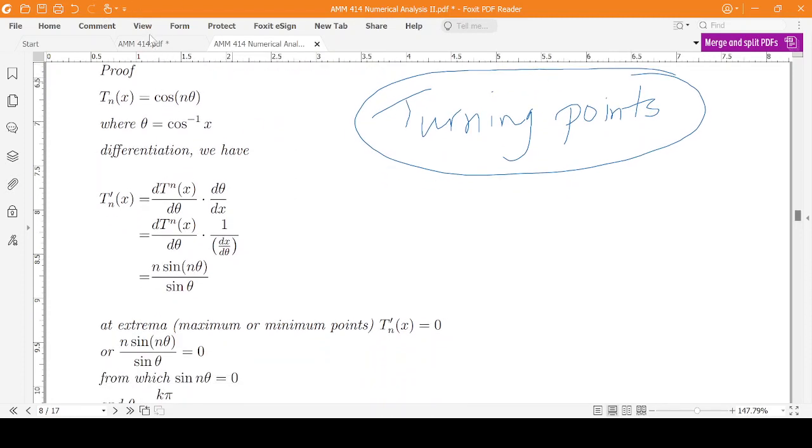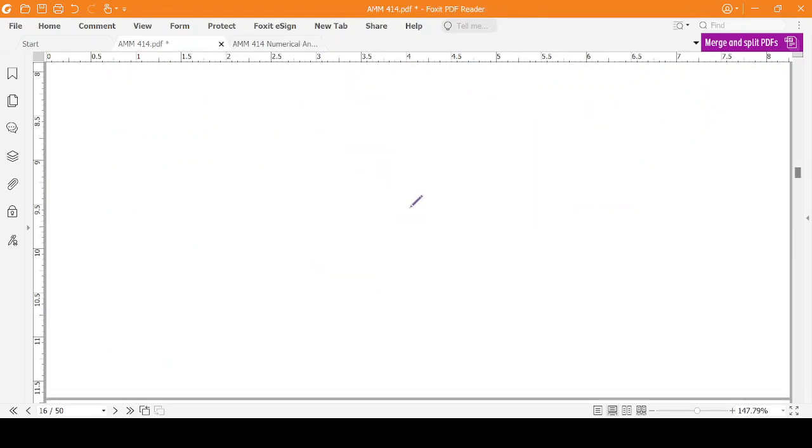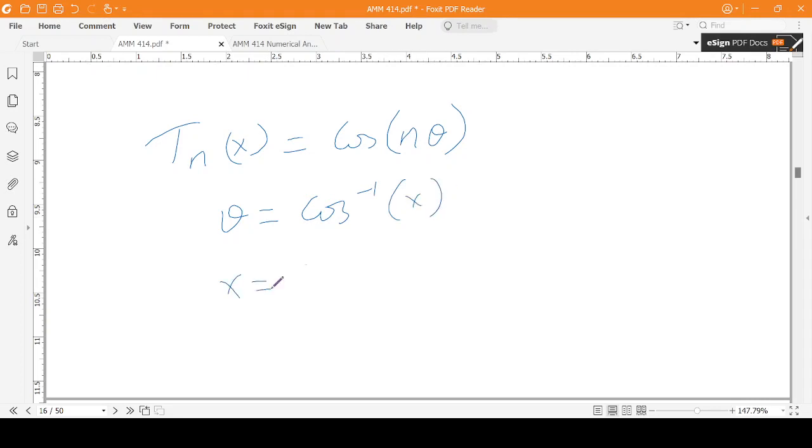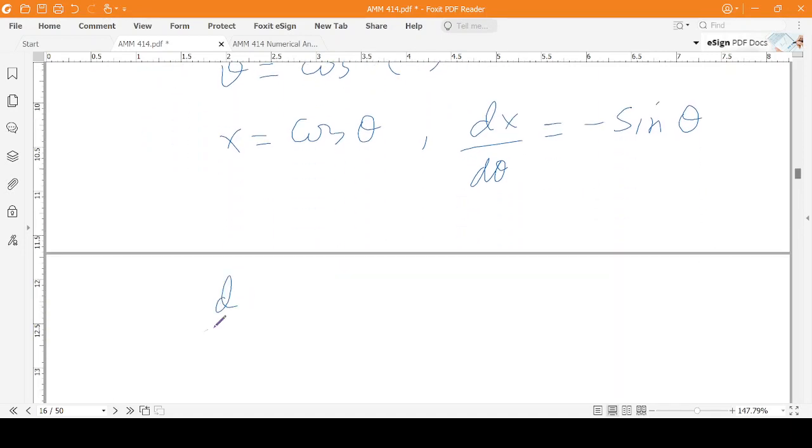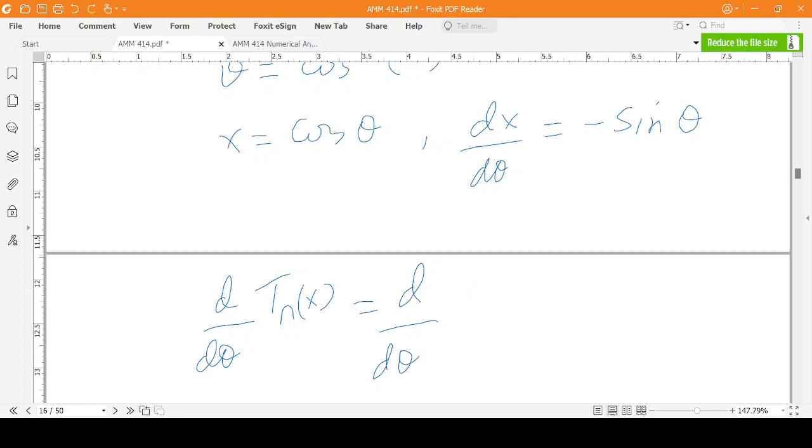When we write Tn of x is equal to cos of n theta, and theta is cos inverse of x, or x is equal to cosine of theta, so we can write dx by d theta is equal to minus sine of theta, and the derivative with respect to theta of Tn of x is the derivative with respect to theta of cosine of n theta, and this is minus n sine of n theta.